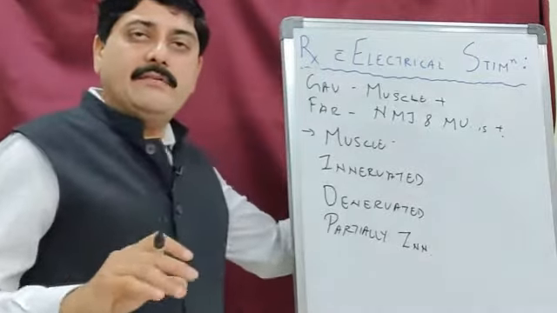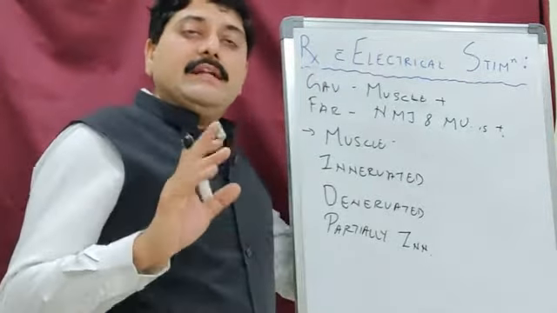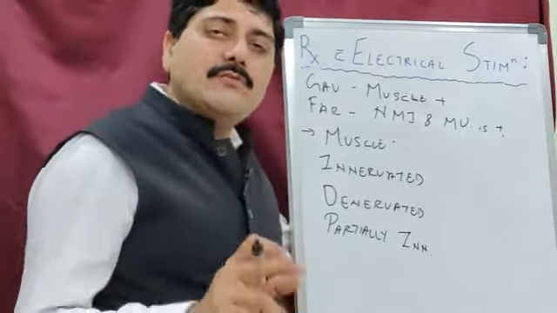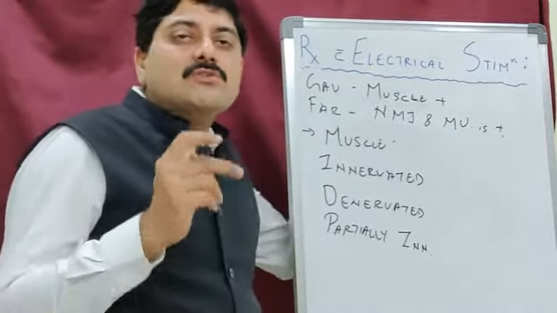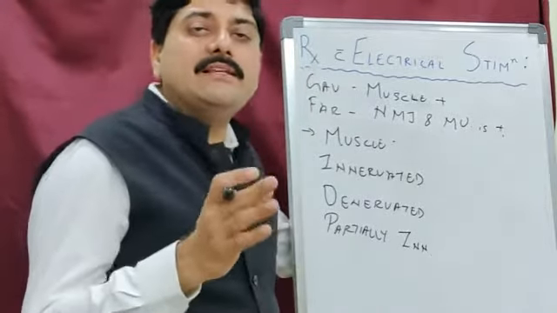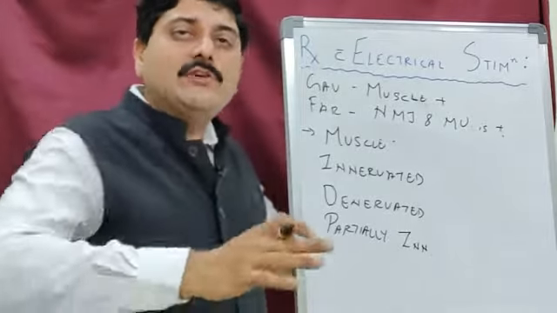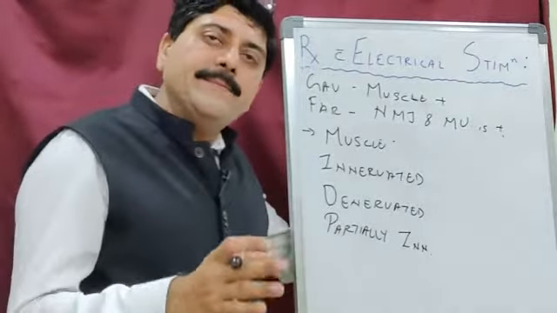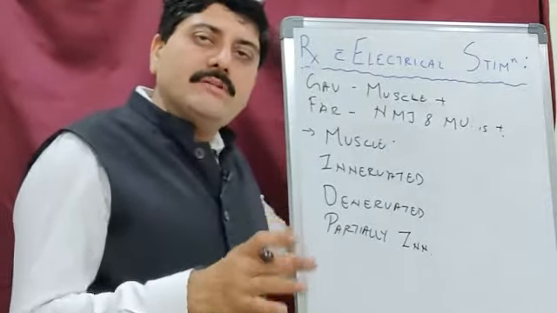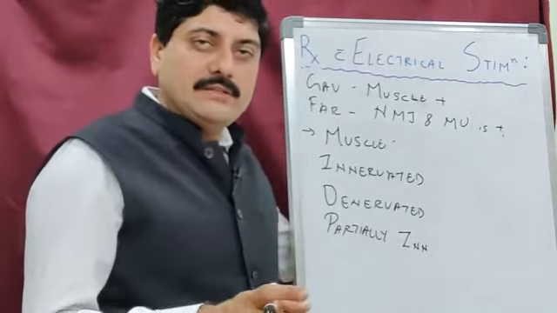What do we mean by innervated? We mean that the muscle is innervated, but because of immobilization, there was no movement in the muscle. So there is loss of properties of muscle. There is a wasting and atrophy of muscle, which is reducing the activity of muscle, right?